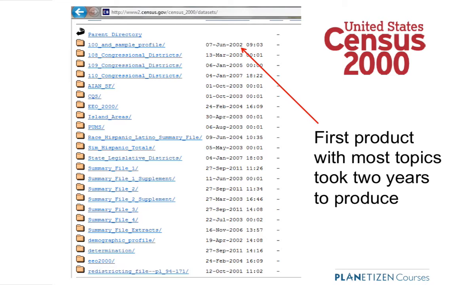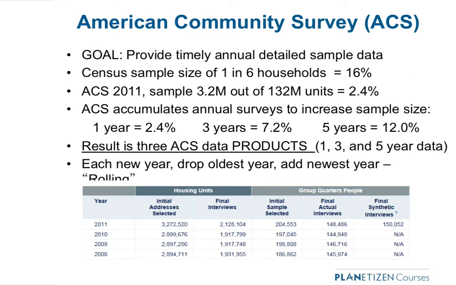And you can see some of the dates down there where the data products would take 3-7 years to get produced because of the way the census was conducted. So the Census Bureau wanted to shorten those time frames and produce more timely data. So they created ACS. The goal was to provide timely, annual, detailed sample data for the whole country.